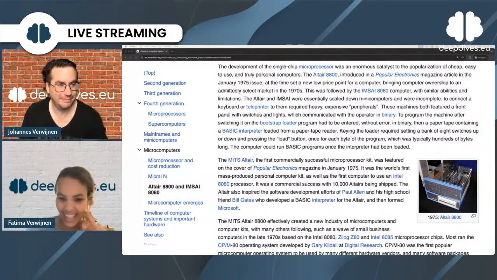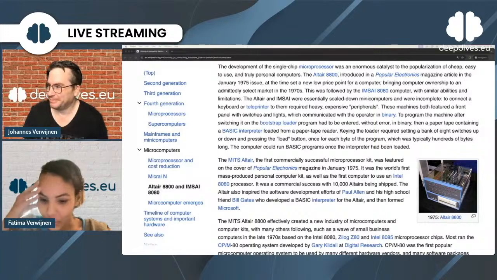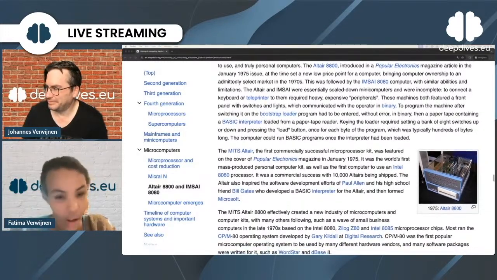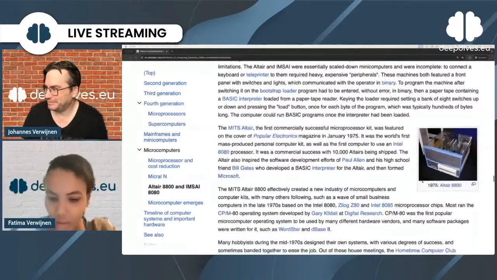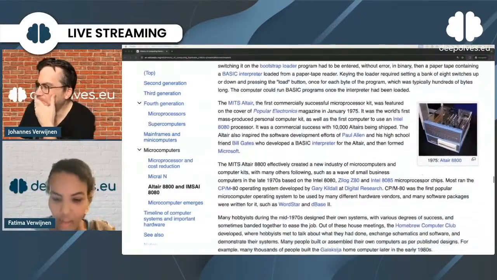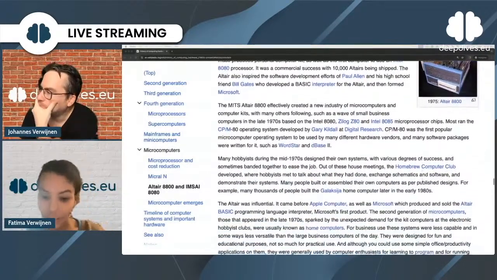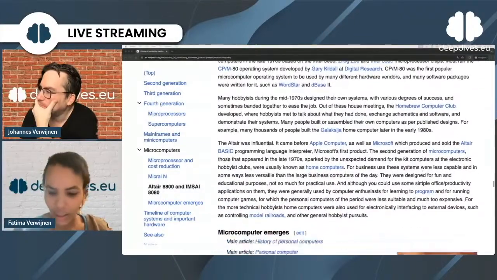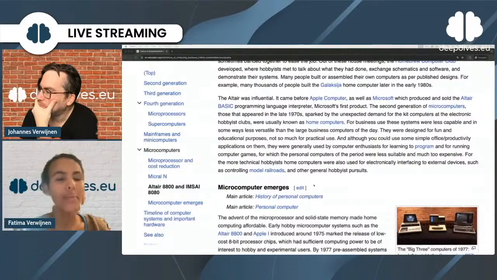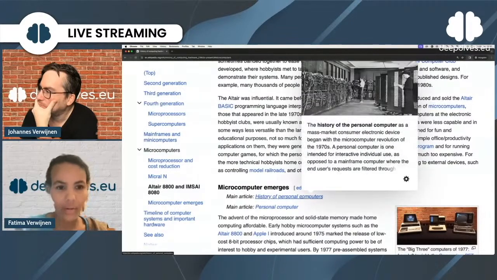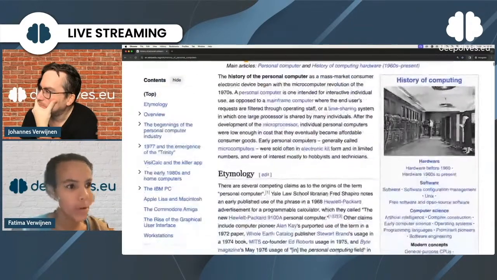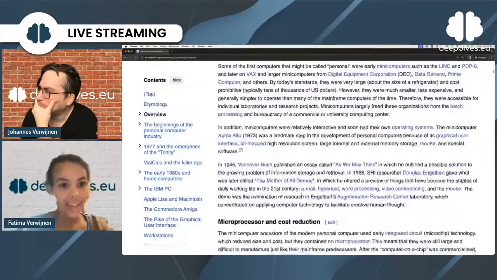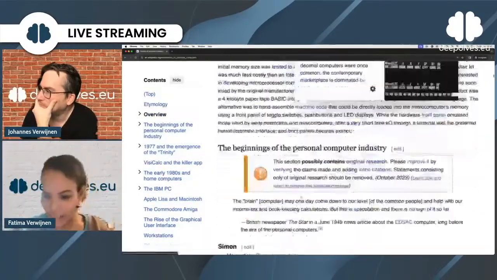Right. All right. So we're continuing from the 1975 Altair 8800 to the late 1970s and early 1980s, which was a big boom. This was the time when a lot of computing technology companies came and went.